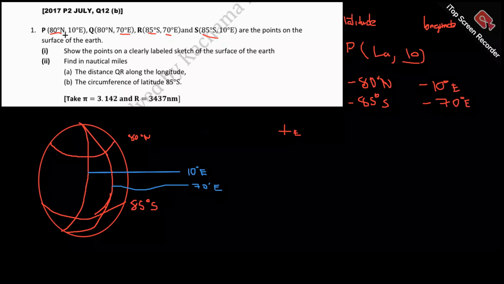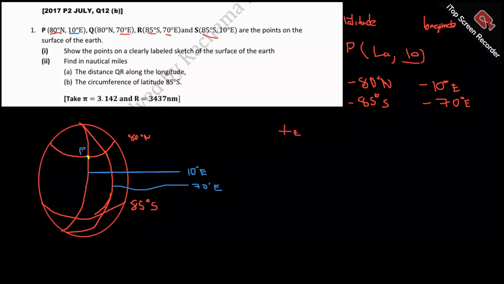So you're going to ask yourself, where is point P? That's very simple. Point P is in latitude 80 degrees north. It is along this latitude. Now, on which longitude? 10 degrees east. So it's at this point. This is where P is.